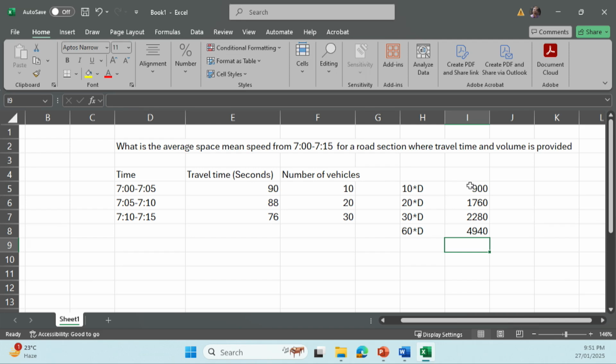So are you fine with this? Now the answer is not important for me, the concept is important for me. The reason I framed this question, and you can see when you frame a question on the fly, you can miss something. I didn't solve it, I just framed it that way. But I thought if I give you the speed value, you can simply apply the harmonic mean equation, the one that we discussed.